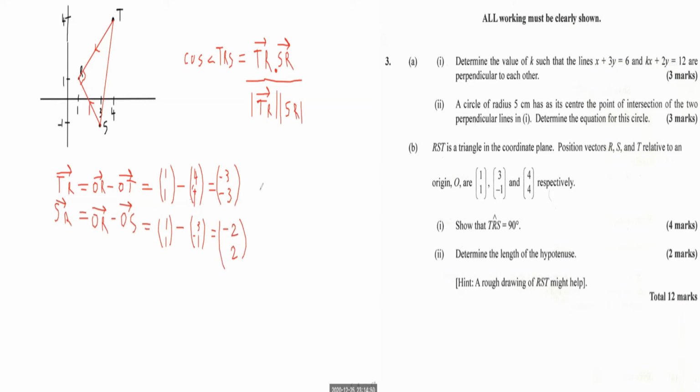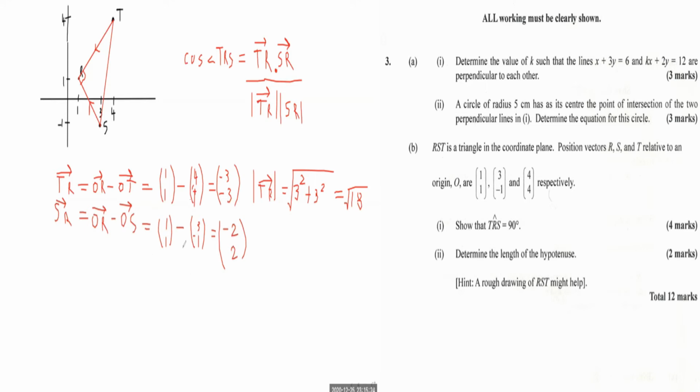So now we need their vector norms. The norm of vector TR is the square root of 3 squared plus 3 squared, which is 9 plus 9, that's 18. So the norm of TR is the square root of 18. Nice and easy.